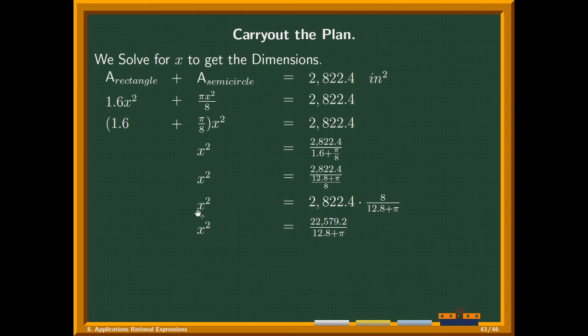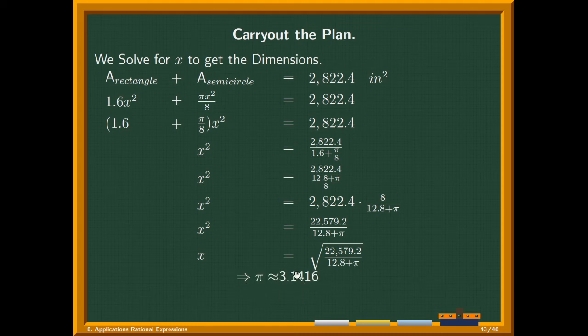Our target here is to get only the dimension, x in inches. So we apply the square root, extracting the square root on both sides. So we have the square root of 22,579.2 all over 12.8 plus pi.